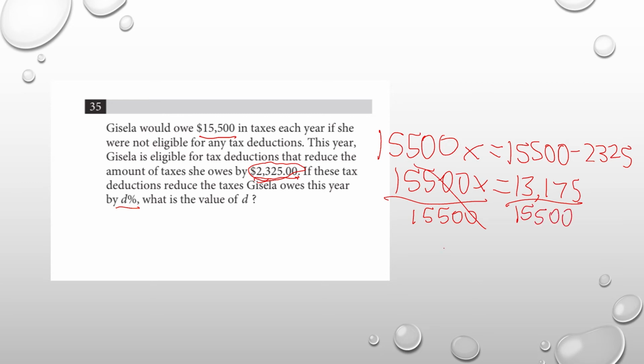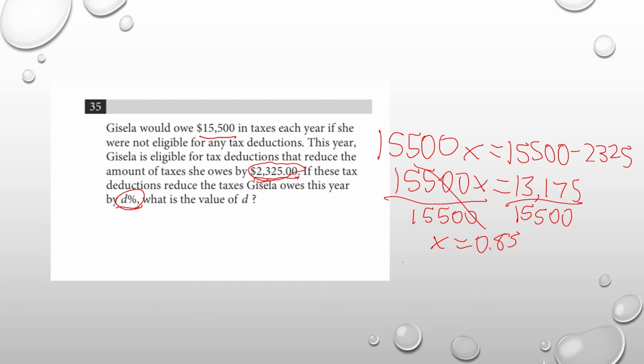And we're left with x is equal to 0.85. So basically, her taxes now are 0.85 of what they once were. And that means that her taxes were reduced by what we're looking for, D%, which is actually not 0.85 or 85%.